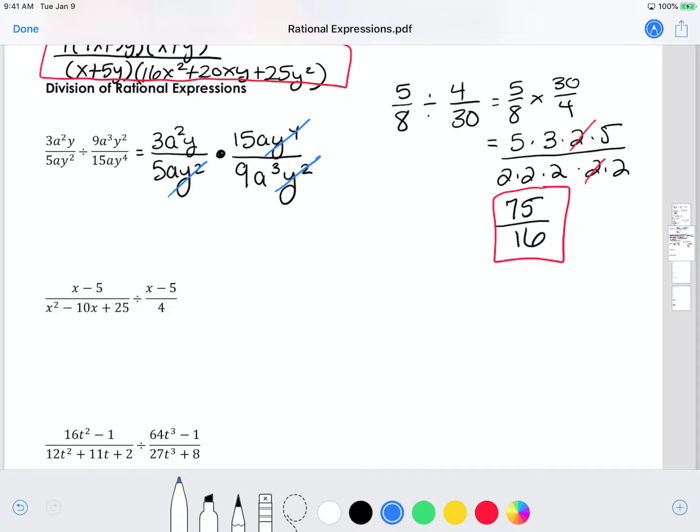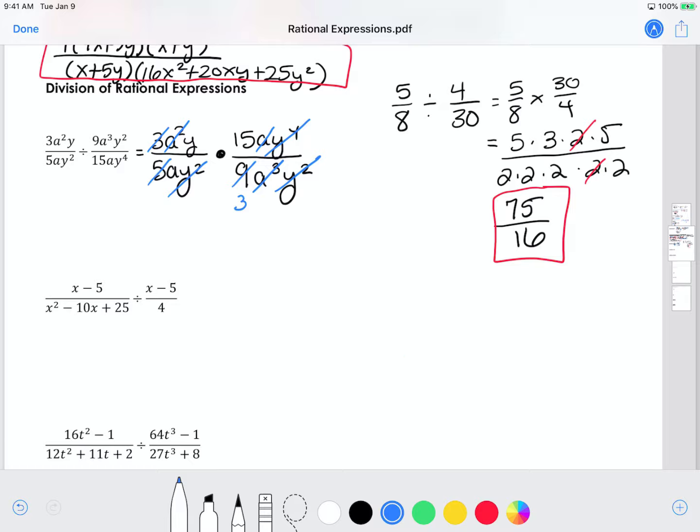Now I have 3 a's on the top, a squared and an a, and I have this a cubed down here that I can cross off. And then I can get rid of a 3 in the denominator, because that 9 is 3 times 3. When I cross off a 3, I'm left with a 3.